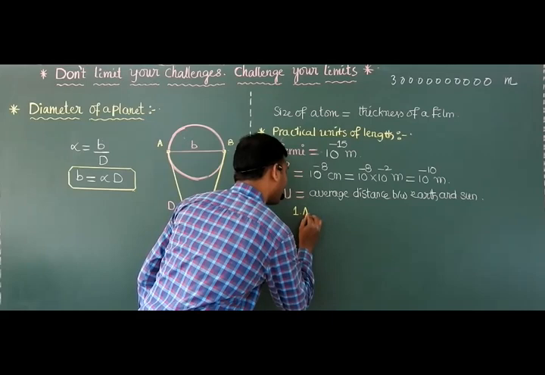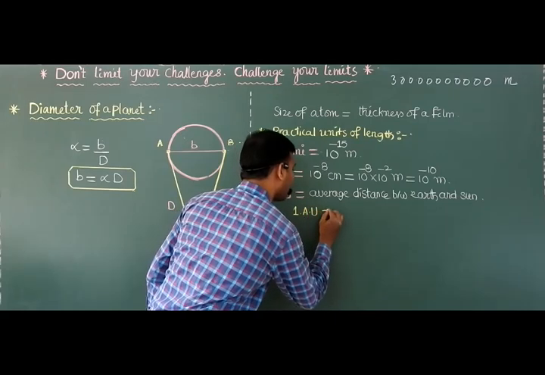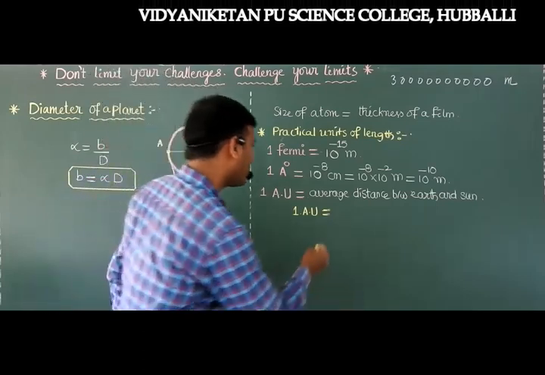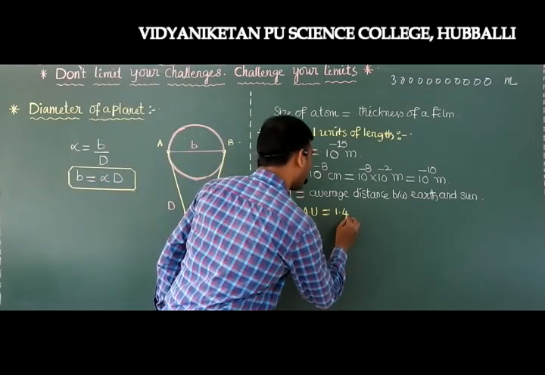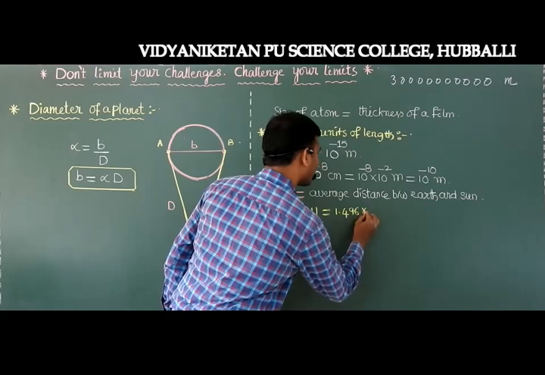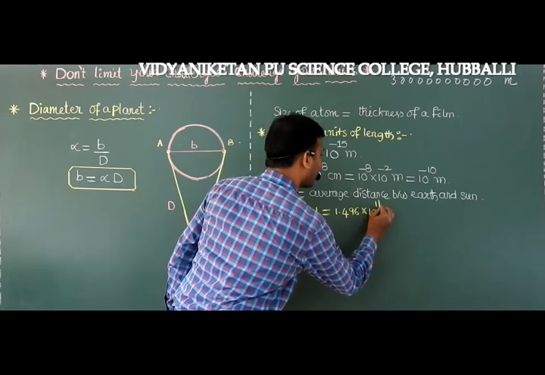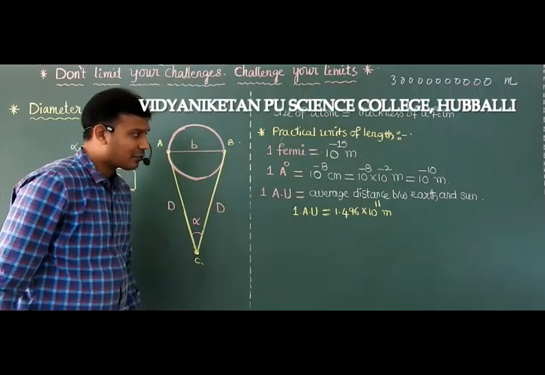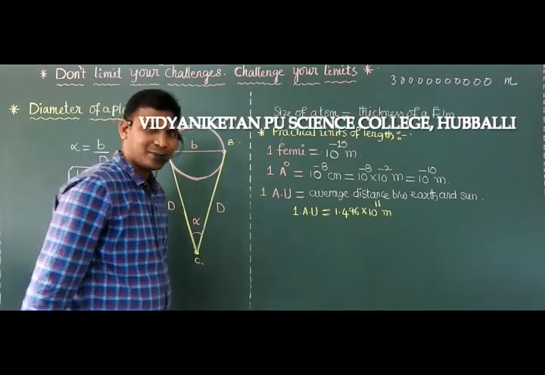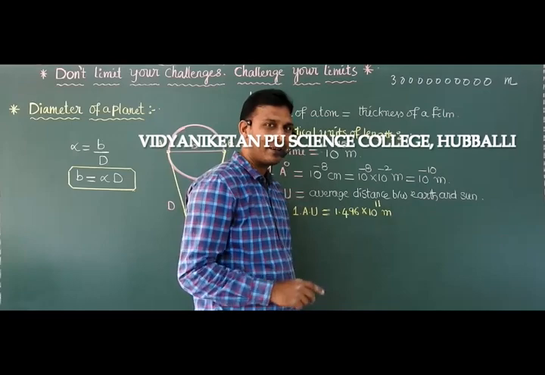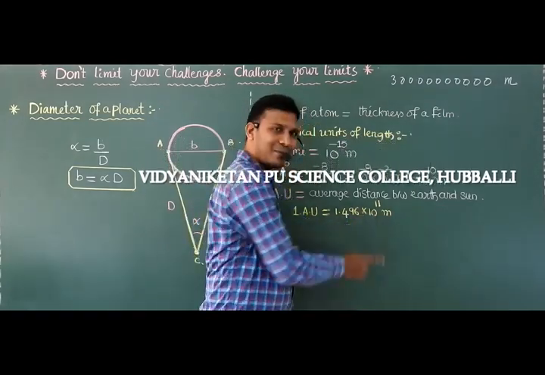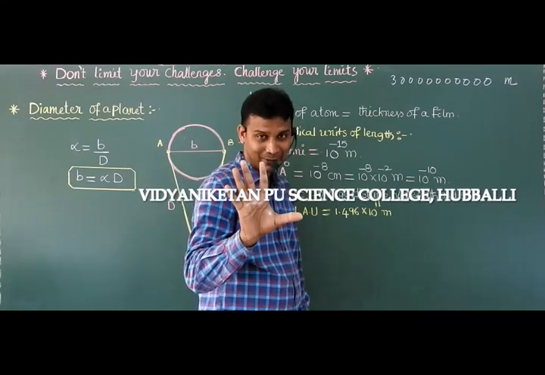1 astronomical unit equals 1.496 into 10 raised to 11 meters. If you write in terms of meters, you have to put 11 zeros after it.